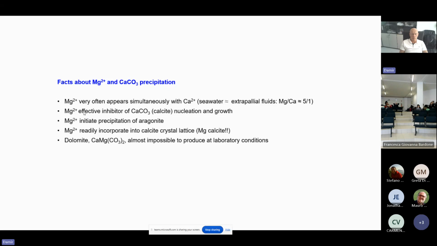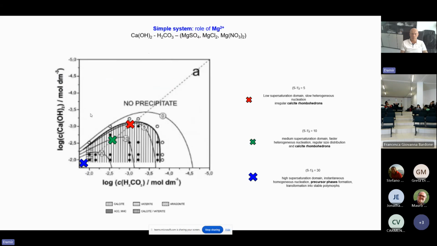It is known that magnesium initiates precipitation of aragonite, and also that it incorporates into the calcite crystal lattice, forming so-called magnesium calcite, which has different properties than ordinary calcite. And what is very important to mention is that the mixed salt of magnesium and calcium, dolomite, is practically impossible to produce at laboratory conditions.